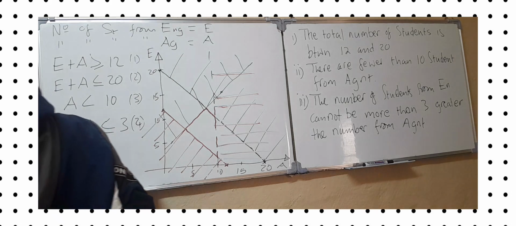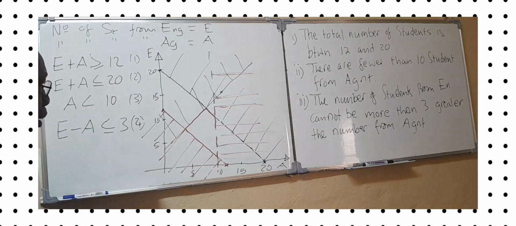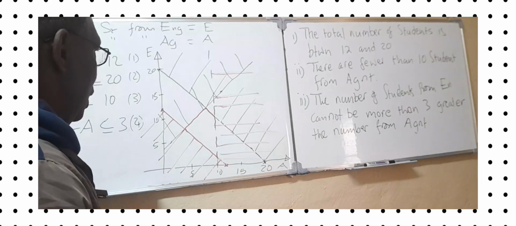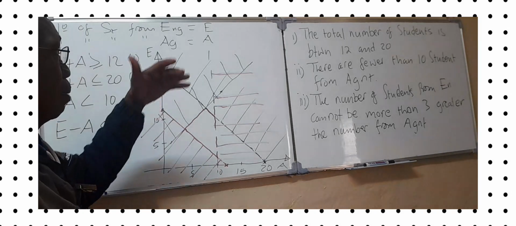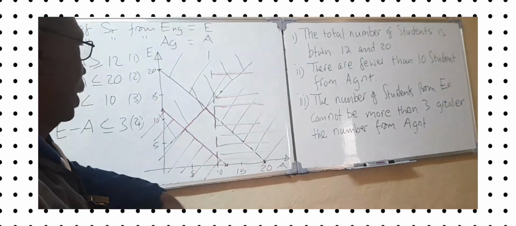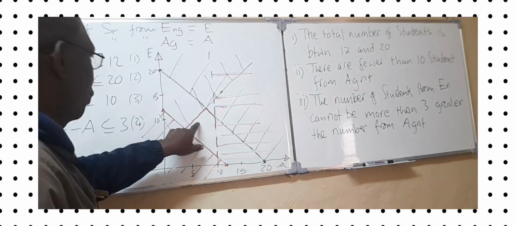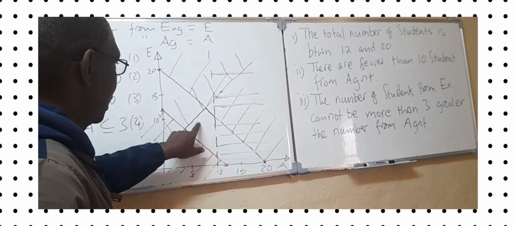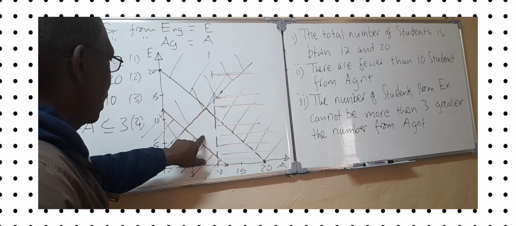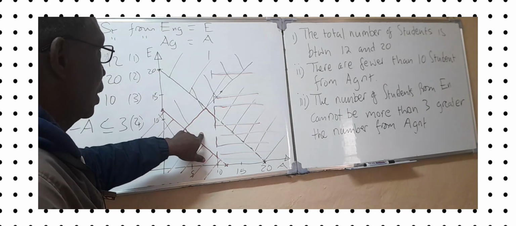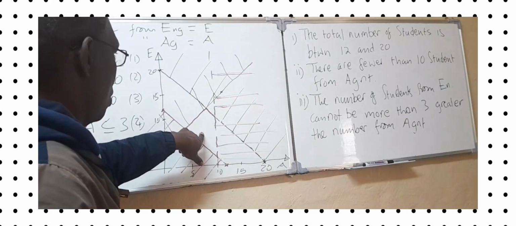So roughly what we are looking at, the region where we are going to find the combination of the numbers of students from England and the numbers of students from Argentina is going to be found in the unshaded region here.